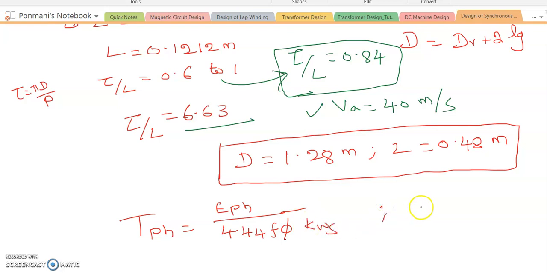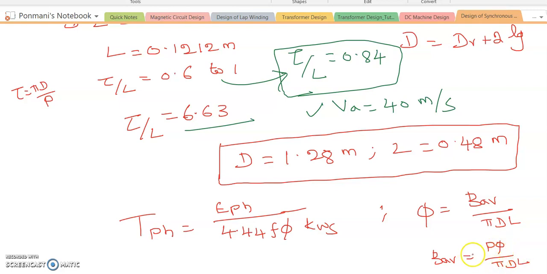In this we need to find phi from the B average equation, where B average is phi by pi d L.